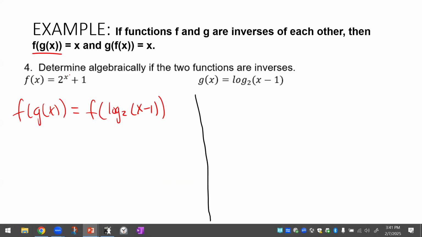That means my power is now becoming a log. Do we see that? So that's going to be 2 to the log base 2 of x minus 1, plus 1.